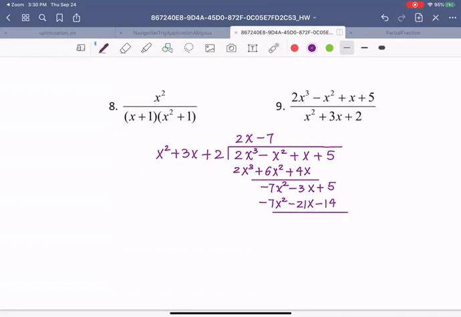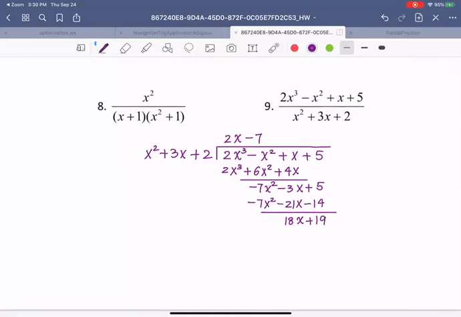And then here becomes 18x, then plus 19, right? So that equals x. I'm going to make this guy smaller.